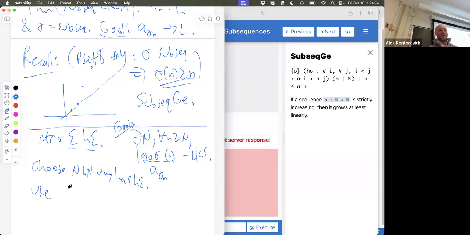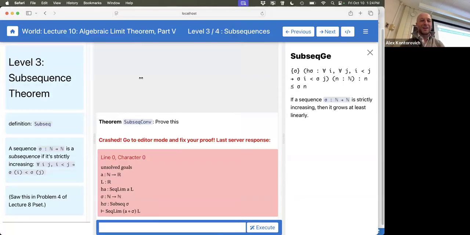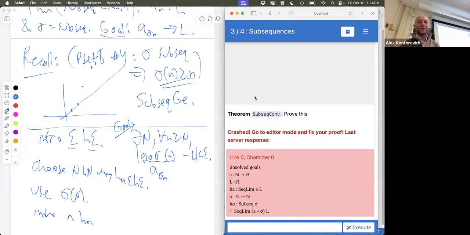Sigma of N. Use sigma of N. And now intro n hn. Yeah, let's do it here. I think this is one of those that it's easier to follow along. This is where having the theorem prover really helps.